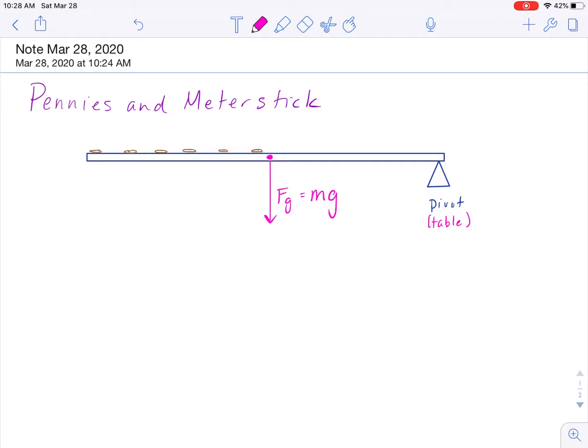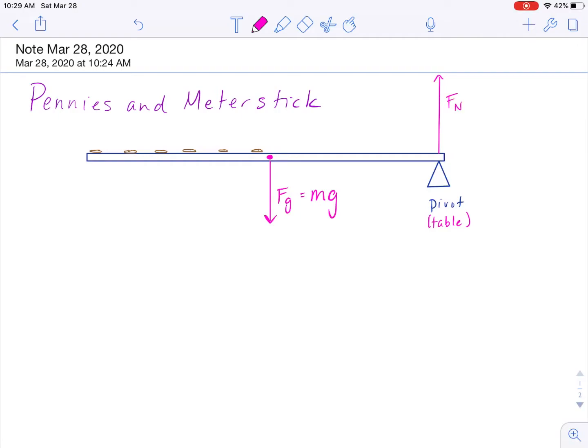And we've got somebody pressing down on the ruler. So we've actually got the table pushing up. Maybe I should make that a bit longer. So there's the table force.